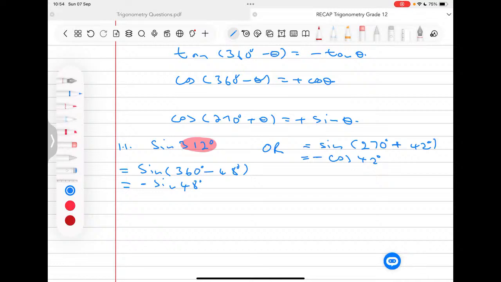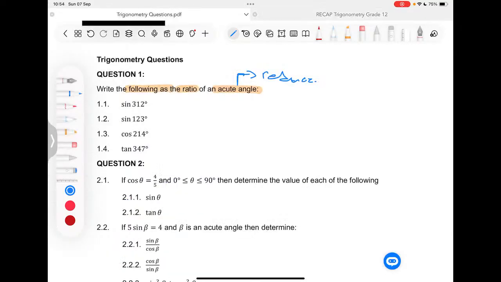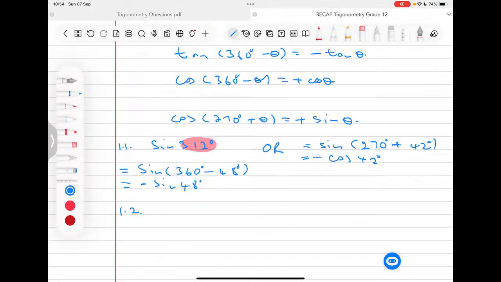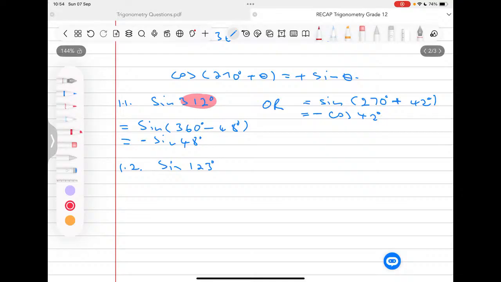Now if we go to 1.2, we are given here the sine of 123. The first step would be checking what quadrant this is, right? We can see that 123 degrees lies in the second quadrant.